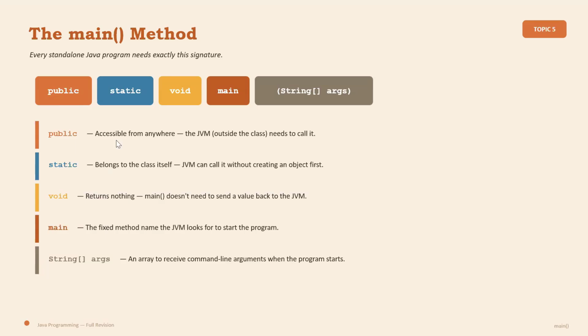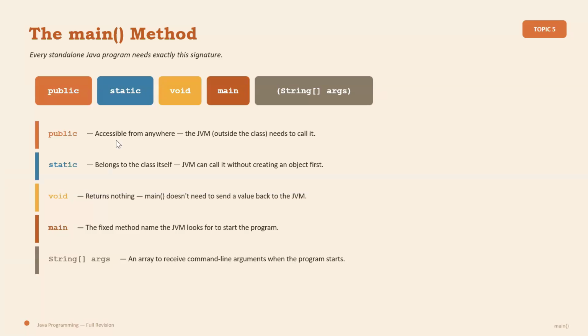And the last one is String args. So this part allows the program to receive information when it starts. So String means string, you can see a bracket here, that means an array of text values. args is the name of the array.